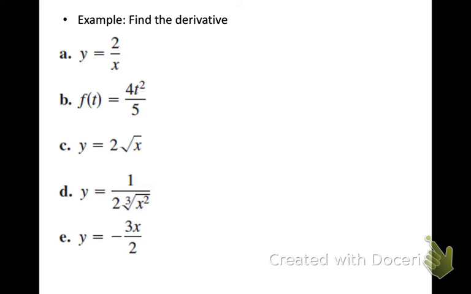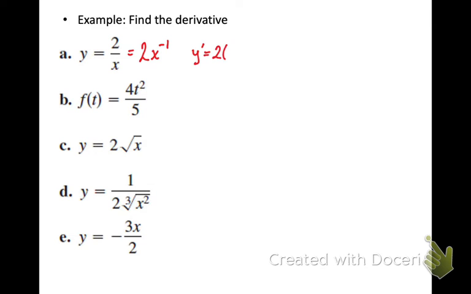So y equals 2 over x. What's the first thing we need to do? We need to get x in the numerator. So it's going to be 2x to the negative first. So then I multiply. I'll write this one out and then I won't write them all out.